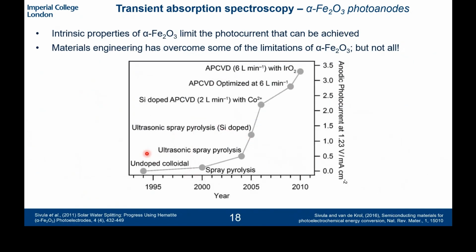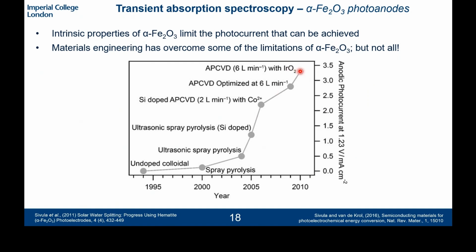So people have tried to improve the performance of hematite by doing lots of different things. You can nanostructure it to minimize the distance that these photogenerated charges have to travel to then oxidize water. You can dope it with silicon to improve the conductivity of these charges. You can do a whole bunch of different things. But essentially, we're here in terms of performance, around 3.5 milliamps.